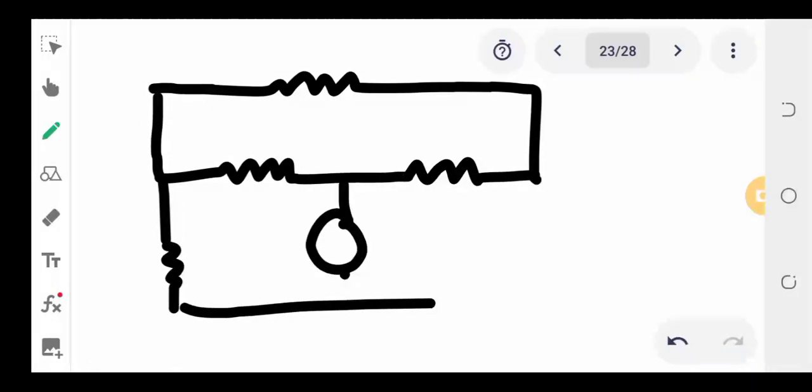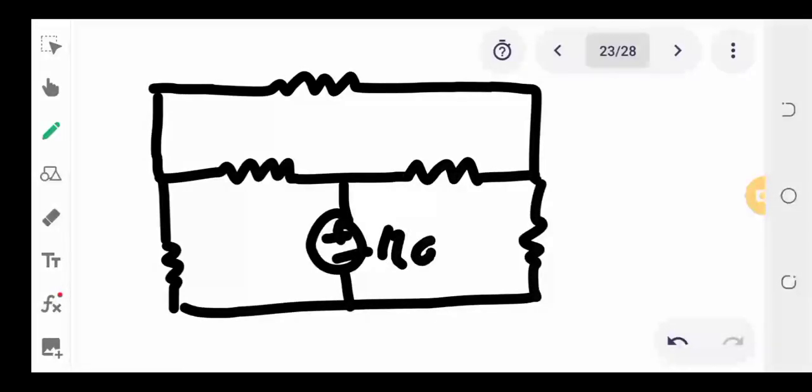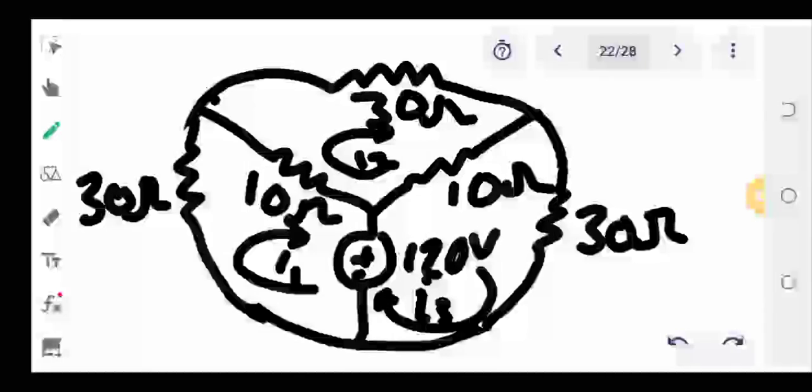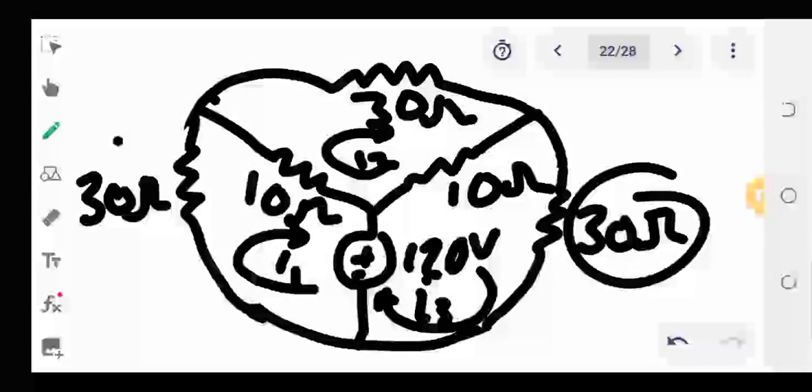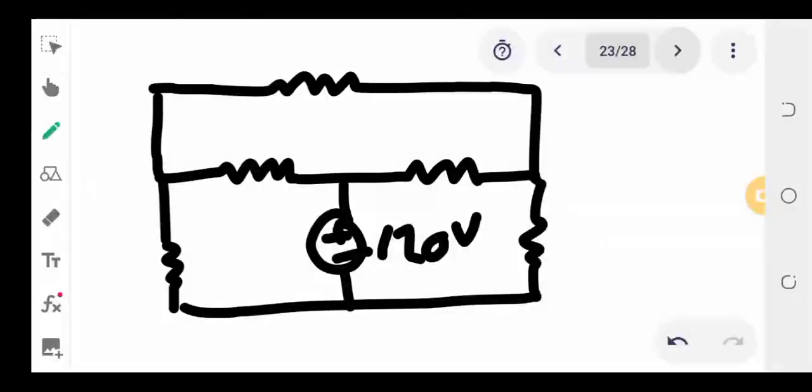Here there is a voltage source. Again there is another resistor here. Positive on top, negative down. This is 120 volts. Then what is the value of these two resistors? 30. So we have 30.